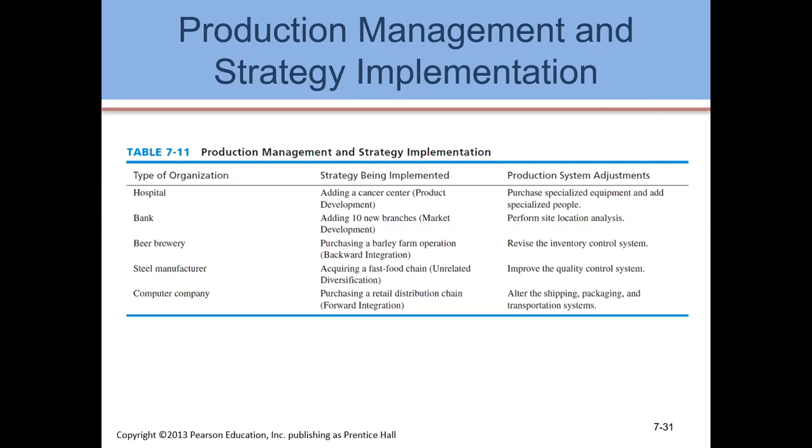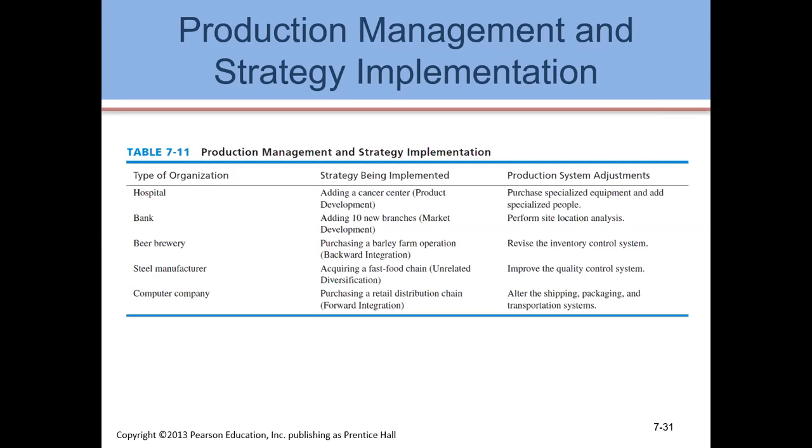When we talk about some brewery plant, the purchasing of barley foam, which is related to backward integration, is the discussion we have related to the strategy. And the production system adjustments would require revising the inventory control system.